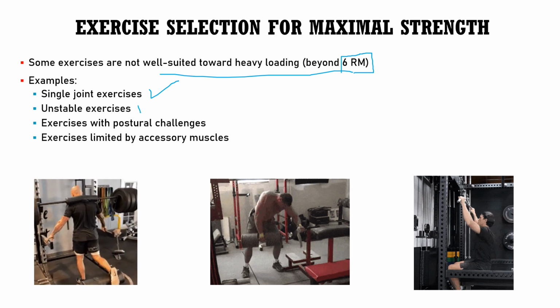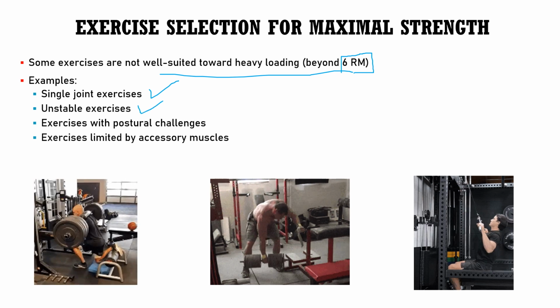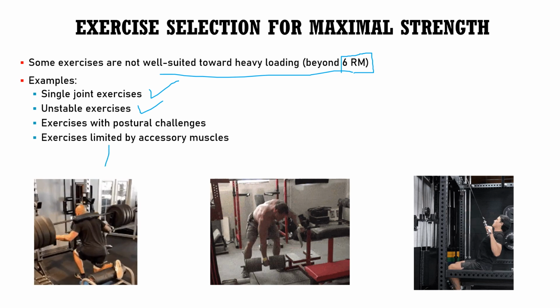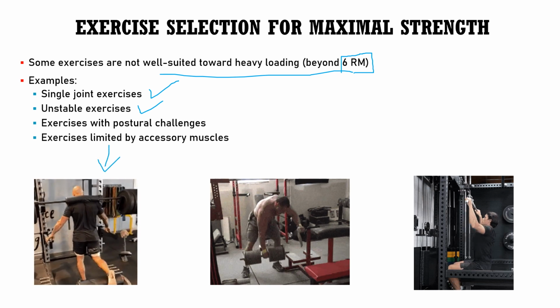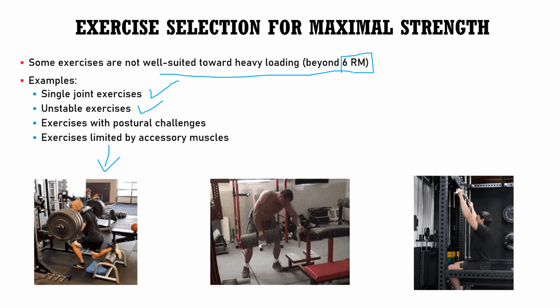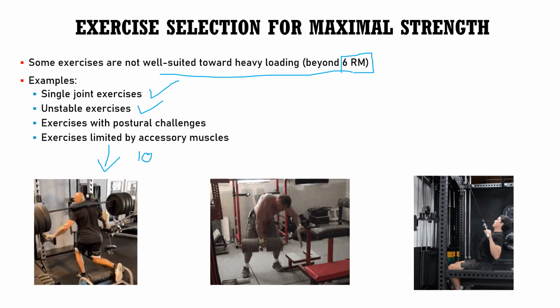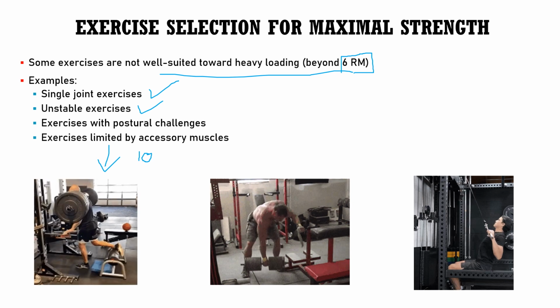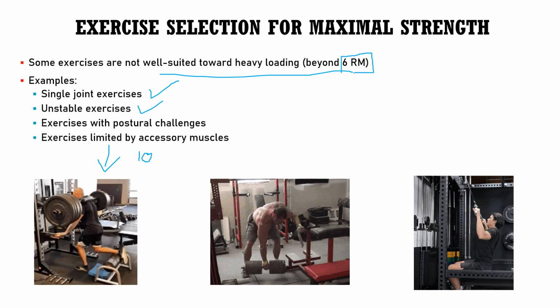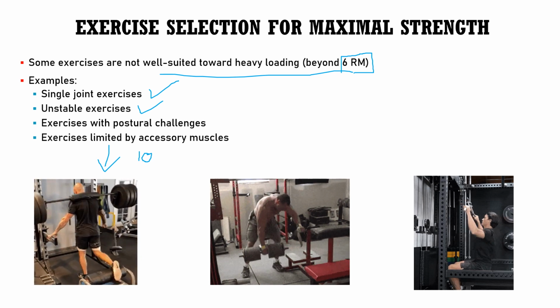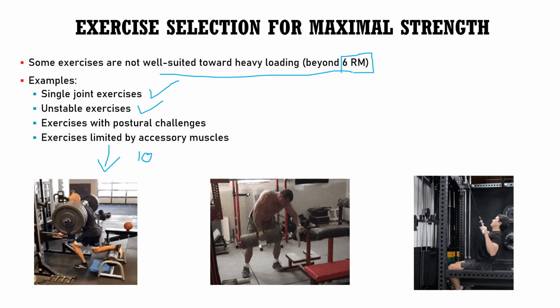Now, unstable exercises are also not great when it comes to heavy loading. On the bottom left, we see a rear foot elevated split squat being performed. Typically, if we were doing a set of 10 reps here, we wouldn't have the client holding on to anything. But in this example, when it's being loaded very heavy, we want to make sure that there is not a stability challenge through the front leg.